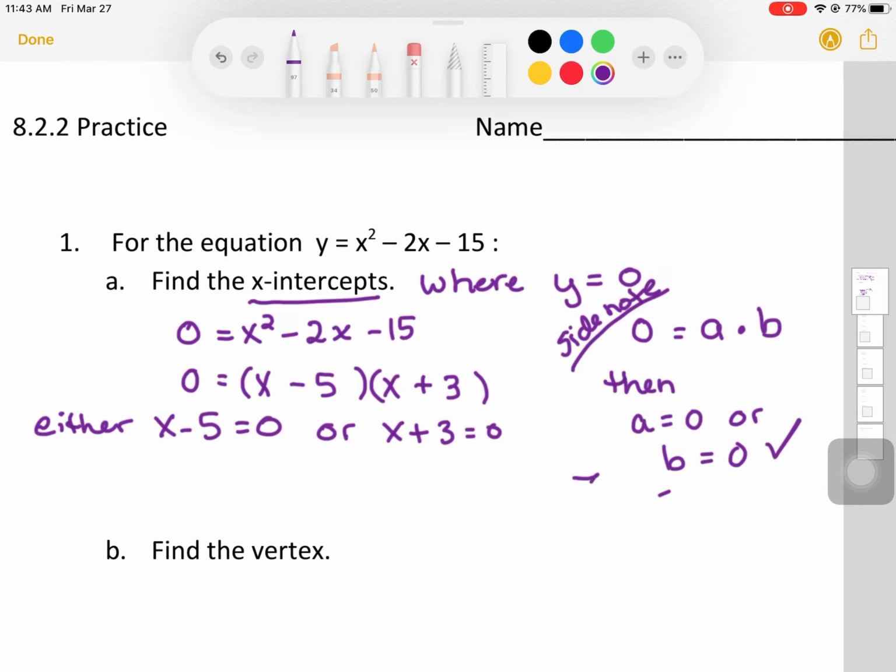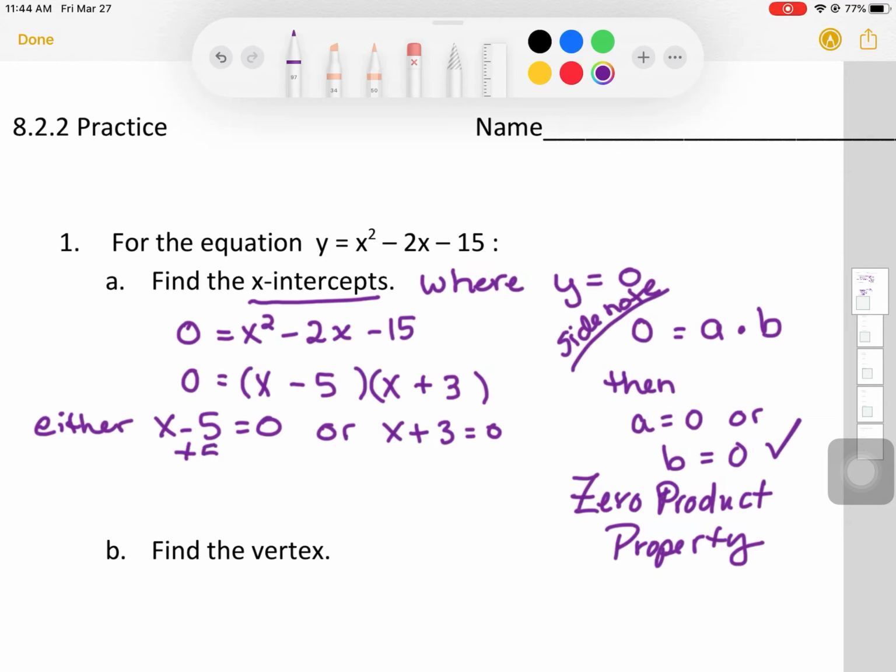This is what we call the zero product property. And that says that if the product of two or more numbers equals 0, then one of those factors has to equal 0.